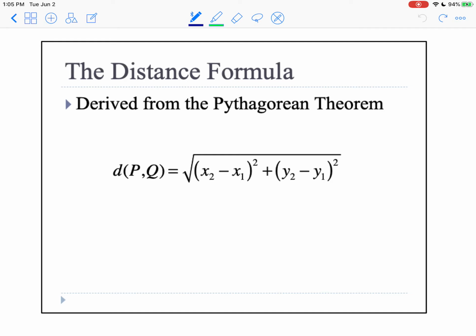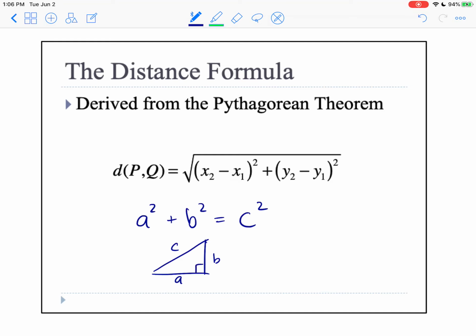The Pythagorean theorem is a squared plus b squared equals c squared. And in that situation, we're actually referring to a triangle, where this is A, this is B, and this is C. And as long as it's a right triangle, this is true.